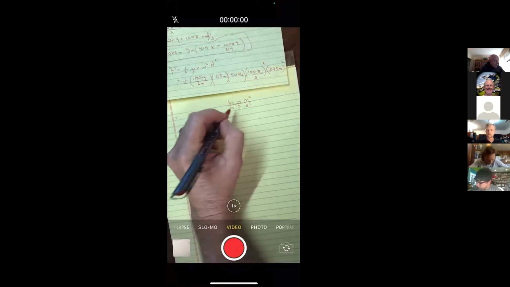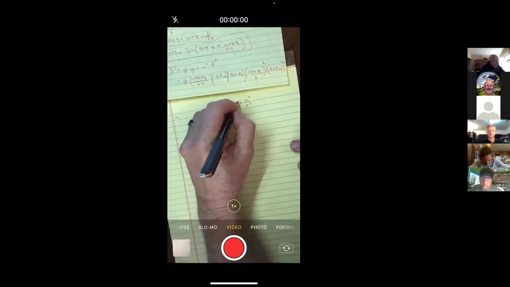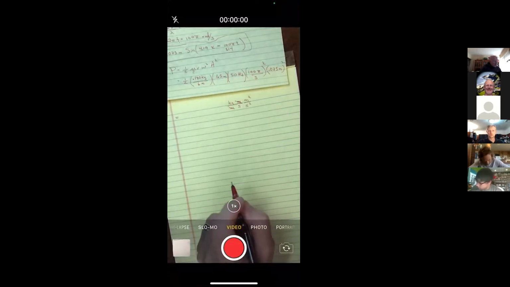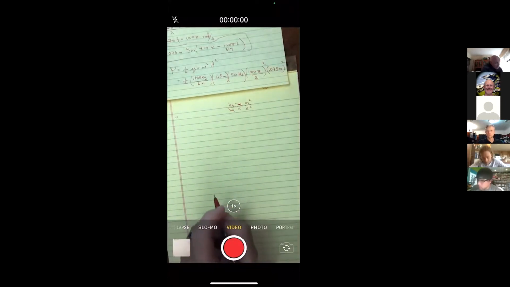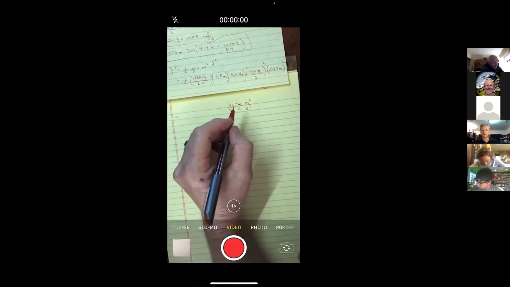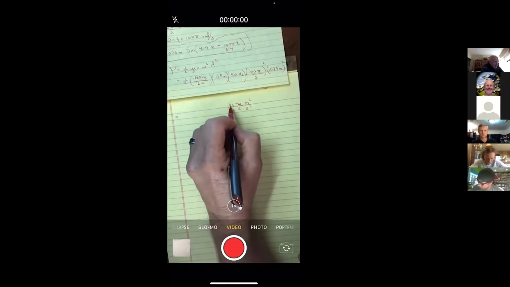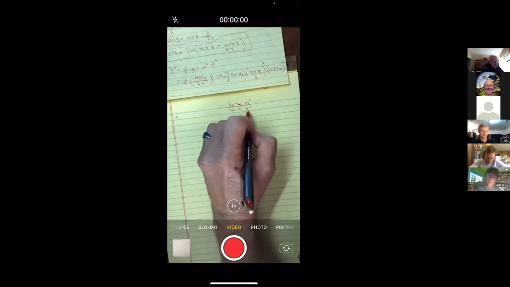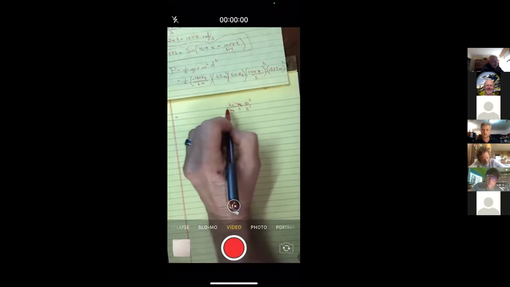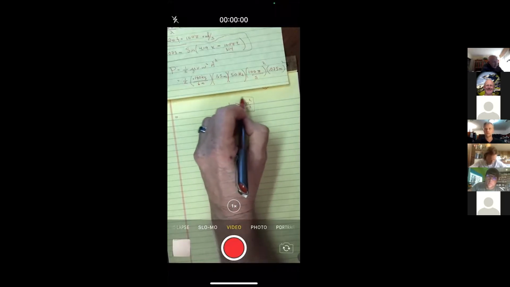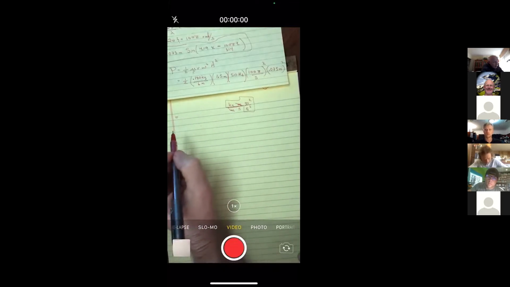And then that would cancel one of the meters. And if you remember, a Newton was a kilogram and just 1 meter over second squared. So this extra meter would make it a joule. So this part right here is a joule.